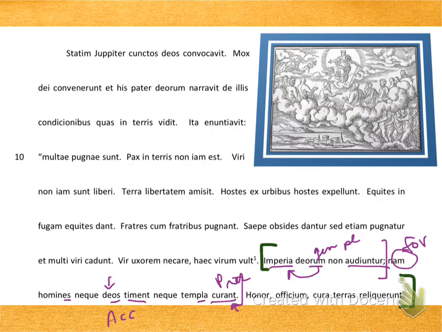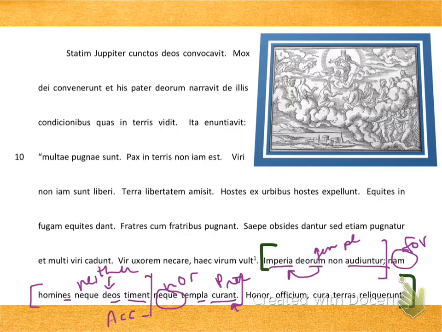Now, what do we do with this neque neque? It's positioned as it is because you are supposed to translate the first one as neither, and the second one as nor. But then what do we do with this timent? So the idea ends here, and neque is really like the conjunction.